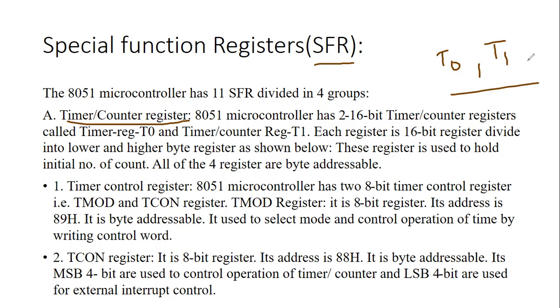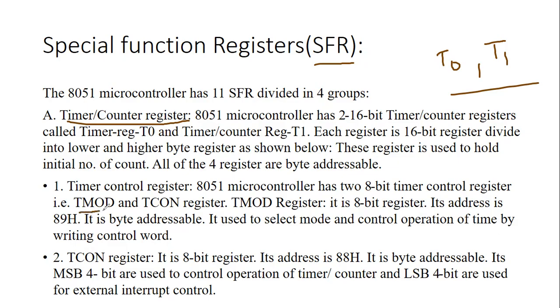And the timer and counter operation is controlled by two registers. There are two control registers for the timer operation: the timer control register and the timer mode register. Now, what is the timer control register? The timer control register is an 8-bit register and the timer mode register is also an 8-bit register.